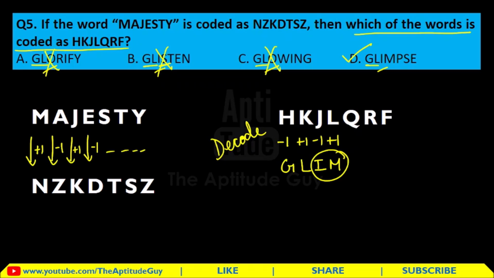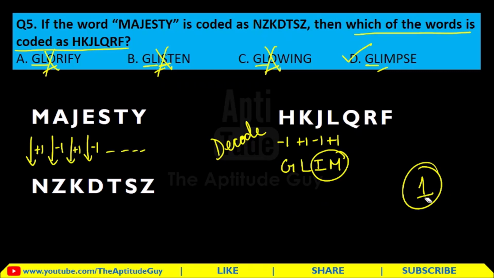Now there is another way to solve this question by figuring out only 1 letter. Because here we figured out 2 letters, right? How do we get to the answer by figuring out only 1 letter? Let me tell you.